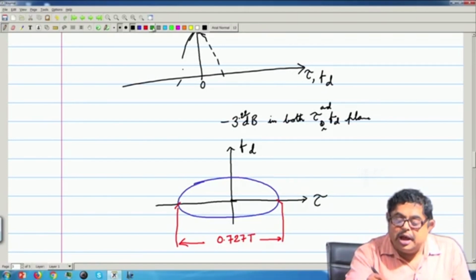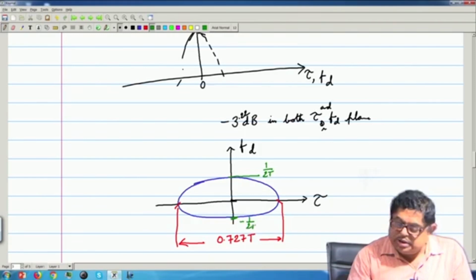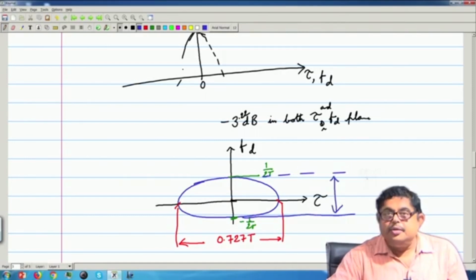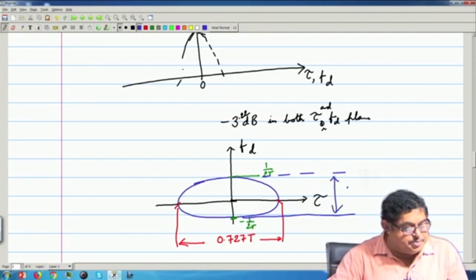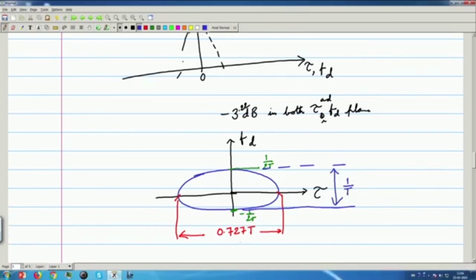Similarly, in the frequency dimension, this becomes 1 by 2 t and this becomes minus 1 by 2 t. So, in the f d dimension, the width becomes 1 by t. This is the resolution.